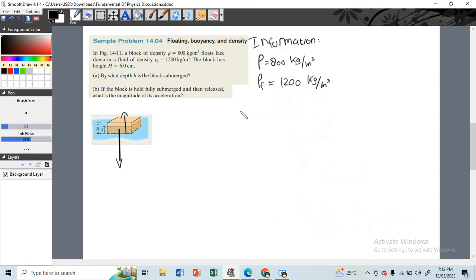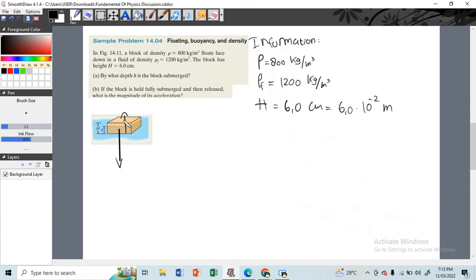The block has height 6.0 centimeter, or we could change it to meter. It is equal to 6.0 times 10 to the power of minus 2 meter.